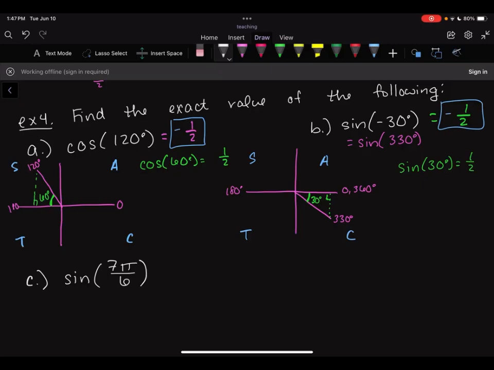And then part D, let's do secant of another radians one. I try to think about what quadrant I'm in, that way y'all can get some more experience with different quadrants.